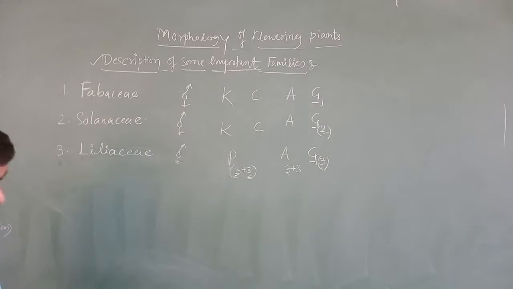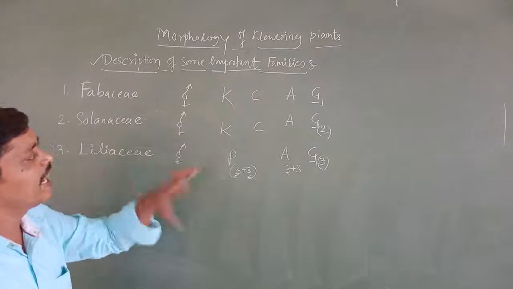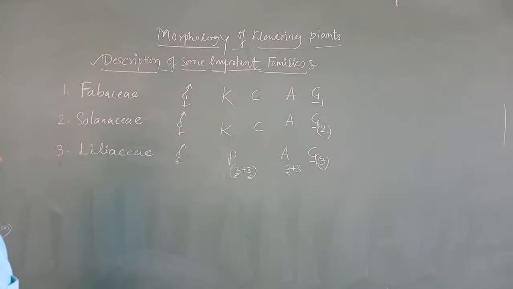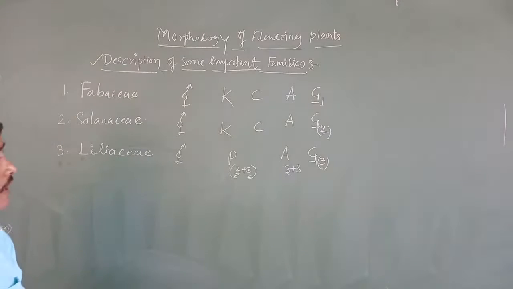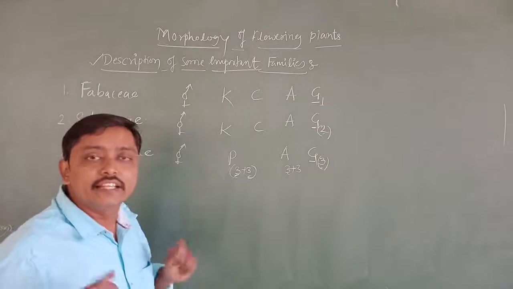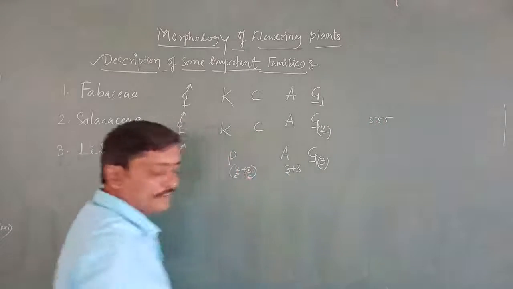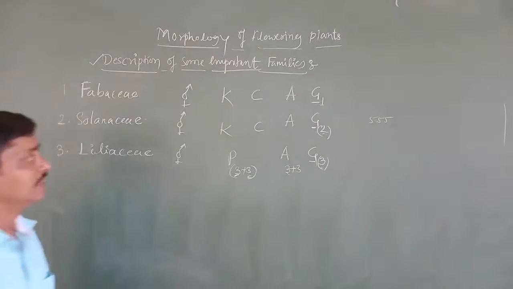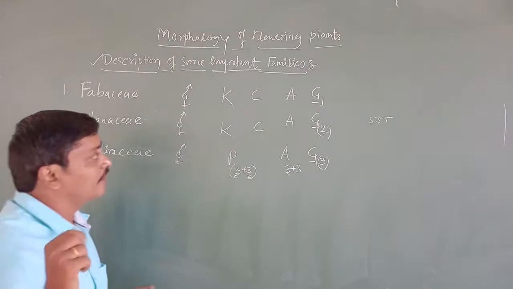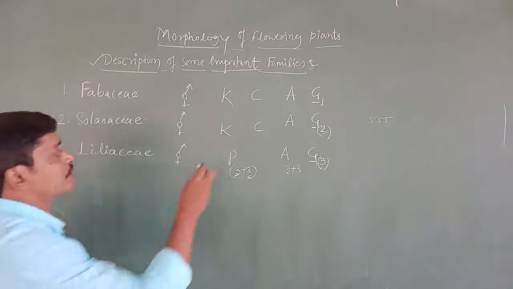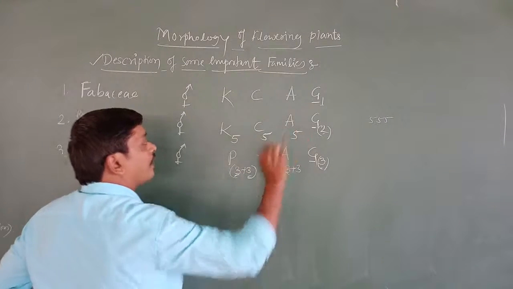Now what we are going to write for Solanaceae. You are going to remember 555, this number you must remember. 555 in the sense you write here 5 calyx, 5 corolla and 5 androecium.